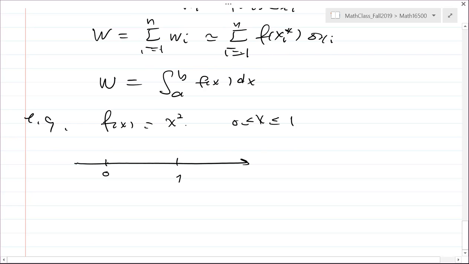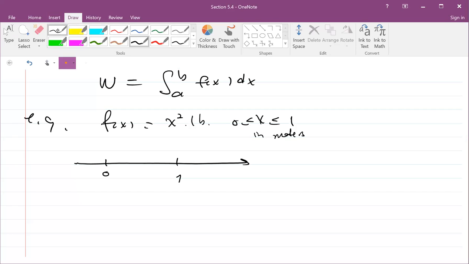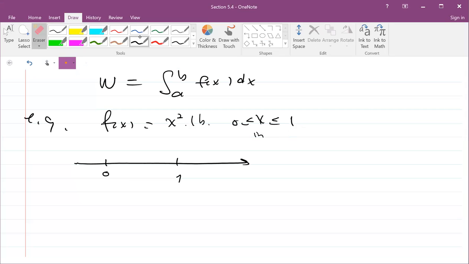So we can use a unit. The force is in pounds, and x is in meters. Okay, in feet, usually in feet. If we use pounds, then use feet. Why?